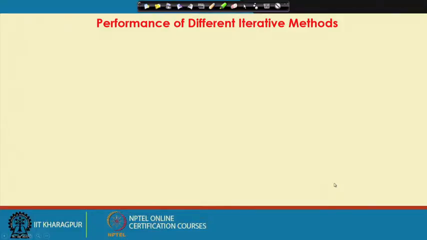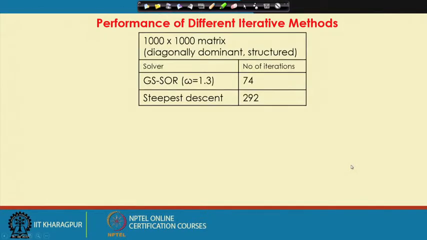So, let us look into the performance of different iterative methods, using the computer programs that we have discussed over the last few classes. We took a 1000 by 1000 matrix, which is a diagonally dominant symmetric matrix coming from a finite difference approximation in a 3D geometry, and we see the number of iterations using Gauss-Seidel with successive over-relaxation and steepest descent.